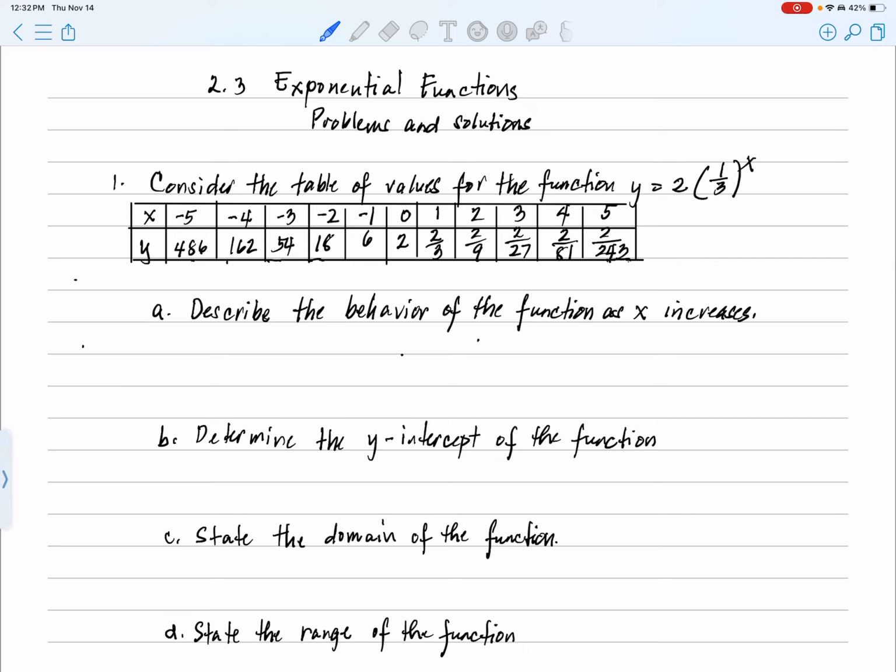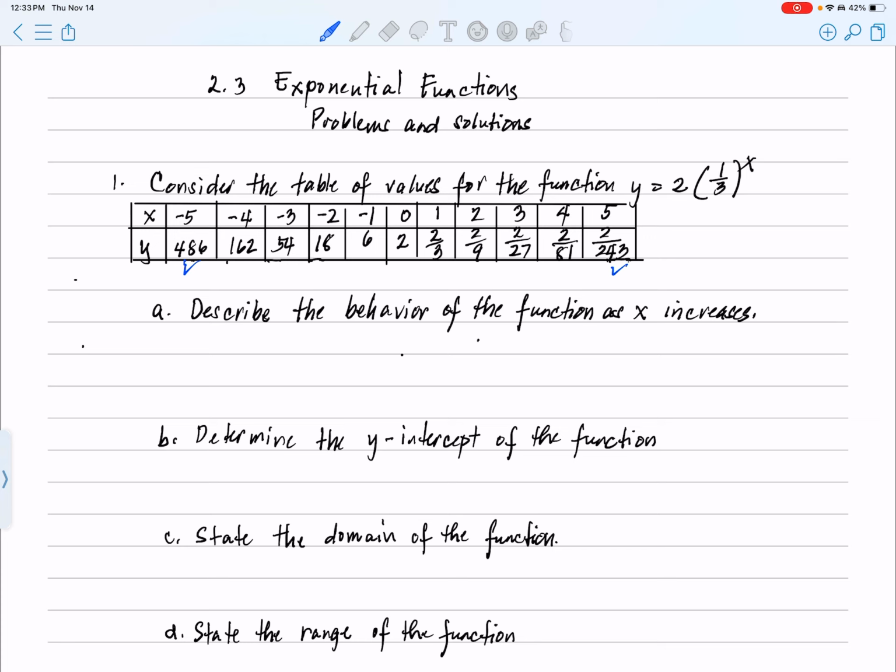So y is 486 when x equals -5. But when x increases, we can see the y decreases because it's already 2 over 243. If we convert that into decimal form, it's less than 1.